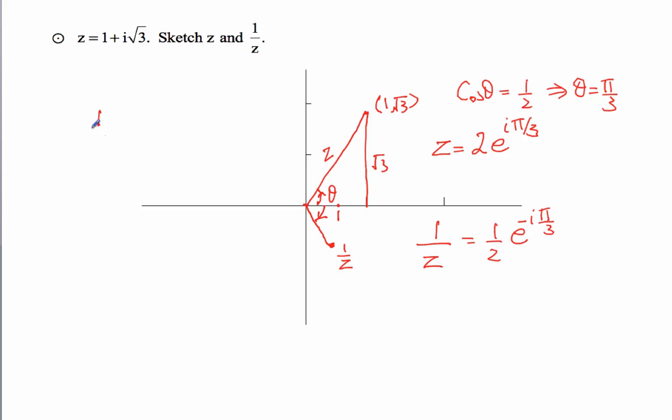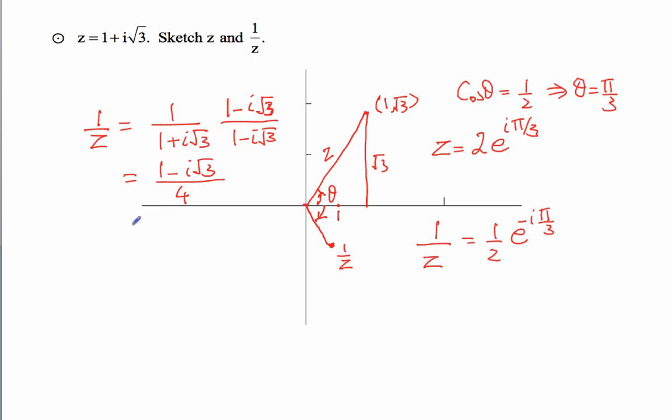We can check that we get exactly the same if we look at this z over here and write 1 over z as 1 over 1 plus i square root of 3, and then of course we'd multiply this by 1 minus i square root of 3 and divide by 1 minus i square root of 3. And so this gives 1 minus i square root of 3 divided by 1 plus 3, which is 4.